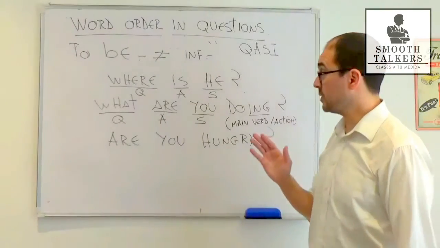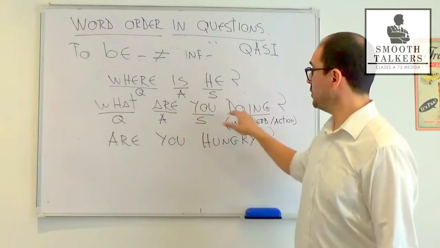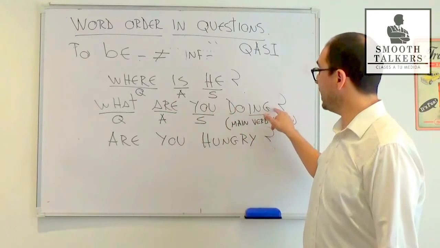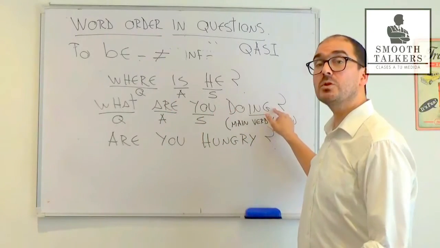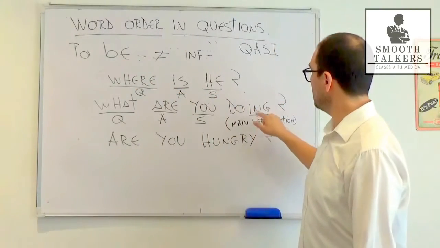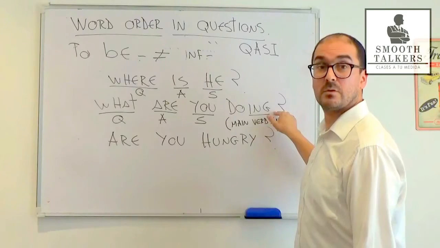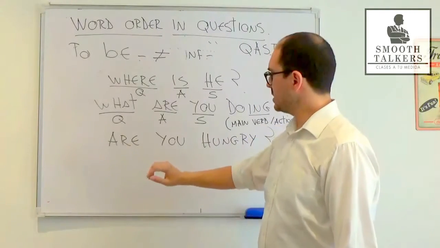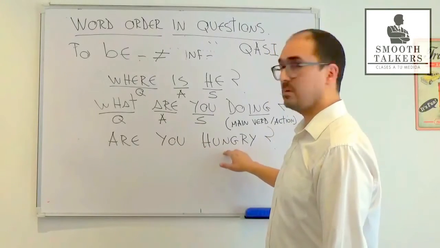Okay? Very important. What do you do? What are you doing? So whenever we want to use an action with the verb to be, we have to change it into an ing verb. Okay? Right. But now take a look at this. Are you hungry?